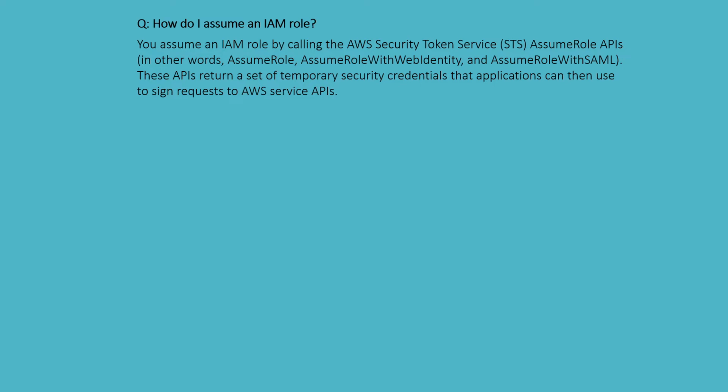In other words, AssumeRoleWithWebIdentity and AssumeRoleWithSAML. These APIs return a set of temporary security credentials that an application can then use to sign requests to AWS service APIs.